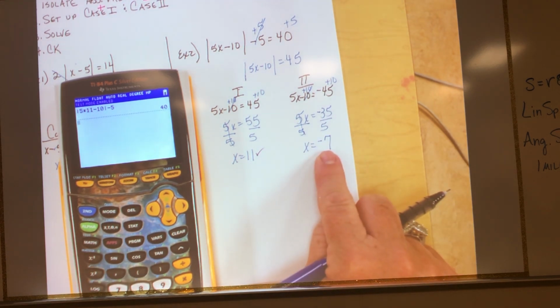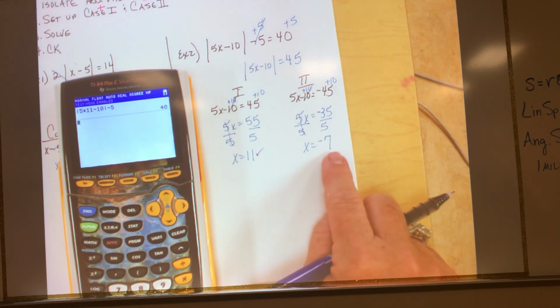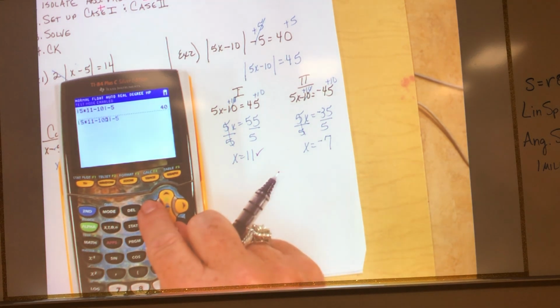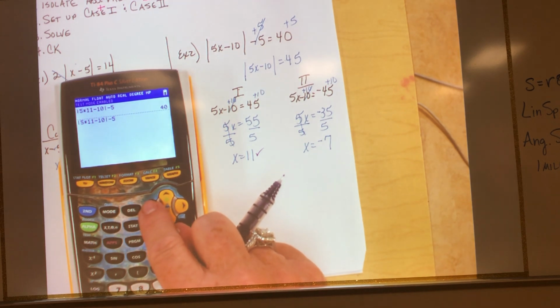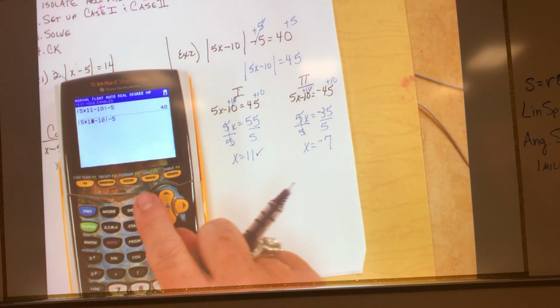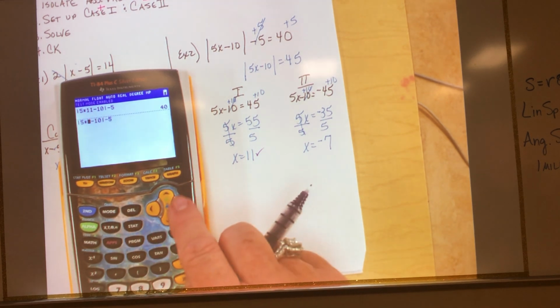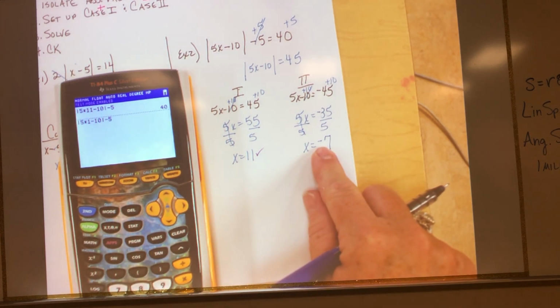Now I'm going to go back in. I'm going to show you a little shortcut, because I don't want to type all that mess again. I'm going to go back up here and grab this problem, and then arrow back into the problem and change it. I'm going to just delete this 1, because I really need to put a negative 7.